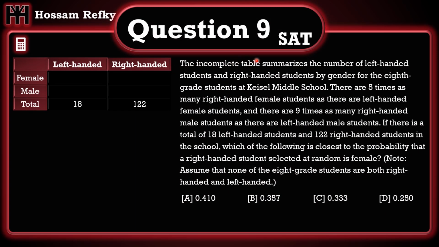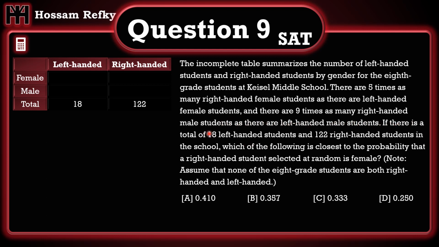The incomplete table summarizes the number of left-handed students and right-handed students by gender for the 8th grade students at Castle Middle School. There are 5 times as many right-handed female students as there are left-handed female students, and there are 9 times as many right-handed male students as there are left-handed male students.